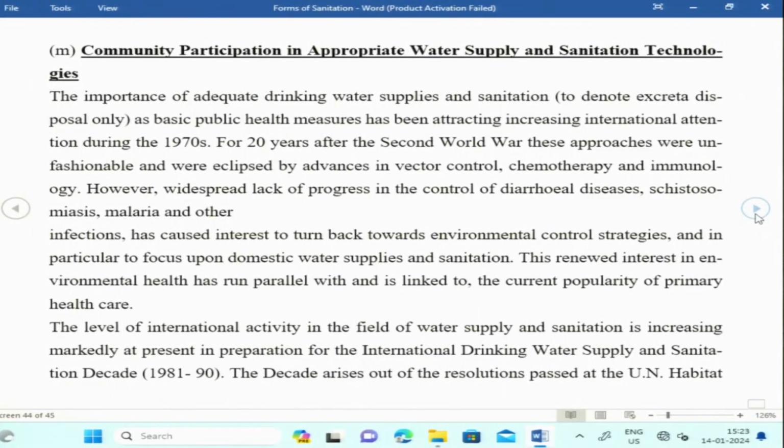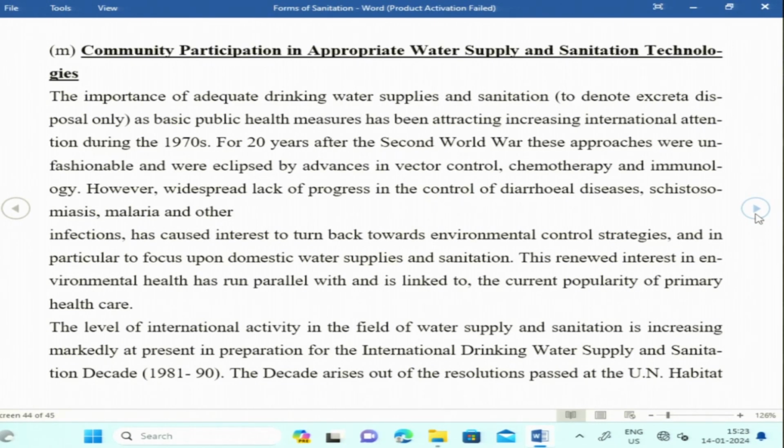And the most important aspect we have to take into consideration is the issue of community participation. Community participation is seen as an appropriate way for water supply and sanitation, and we have to speak about adequate water supplies in terms of potable drinking water.